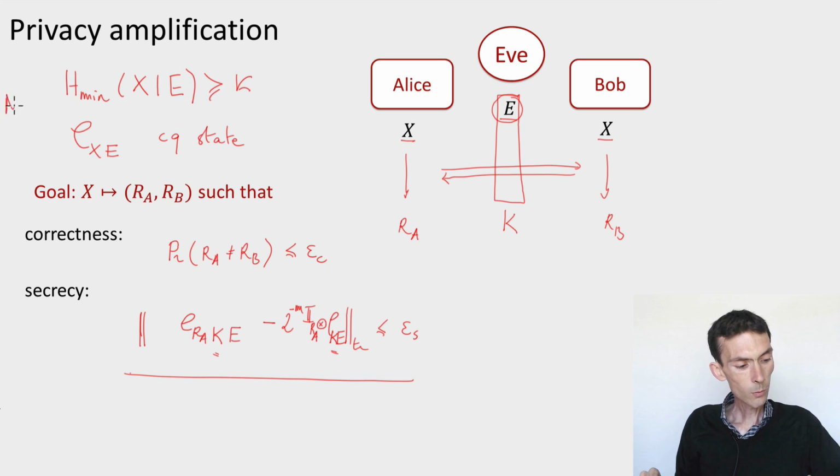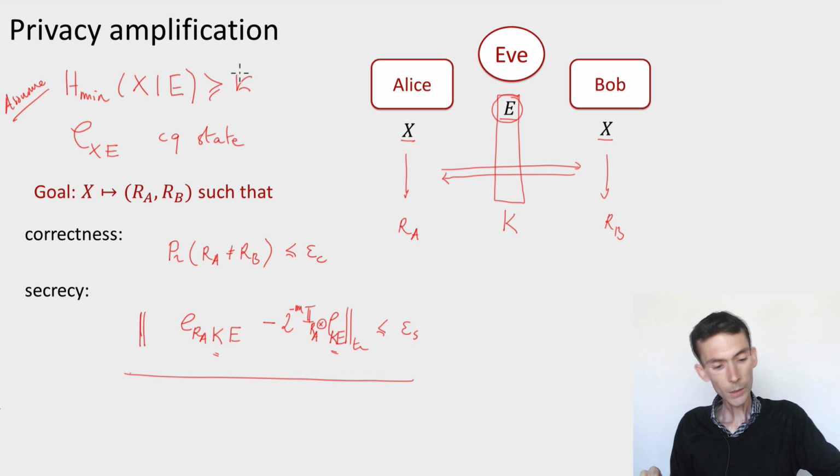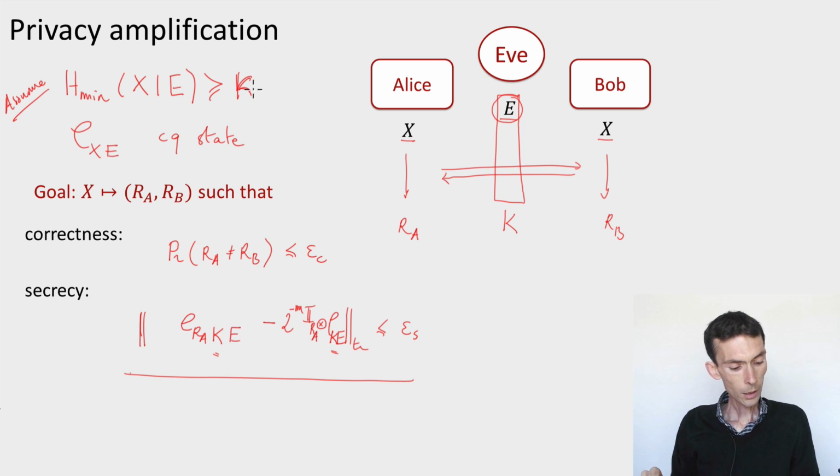So we'll assume that this min entropy is large enough, and then we should have a protocol that is epsilon correct and epsilon secret for some epsilon c and some epsilon s. And in that case, we'll say that we've achieved privacy amplification for weak secrets that have entropy at least k.